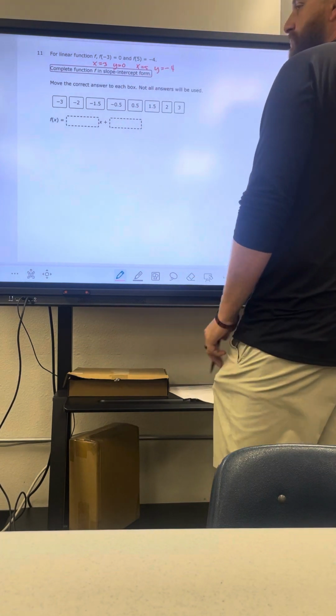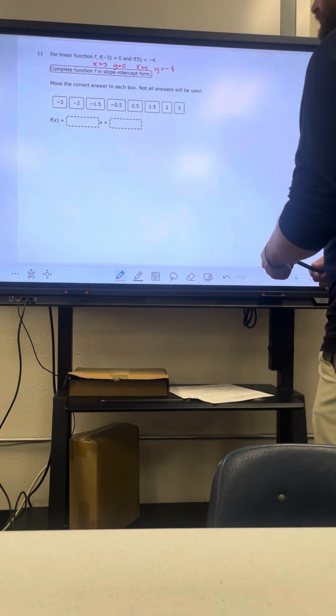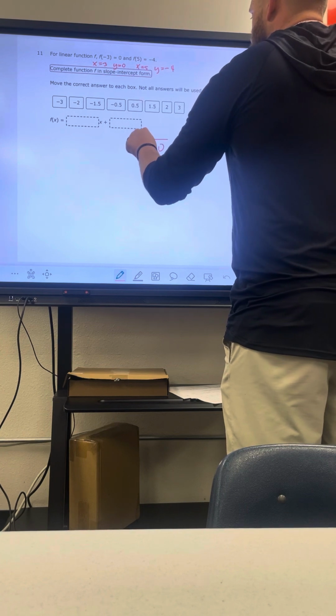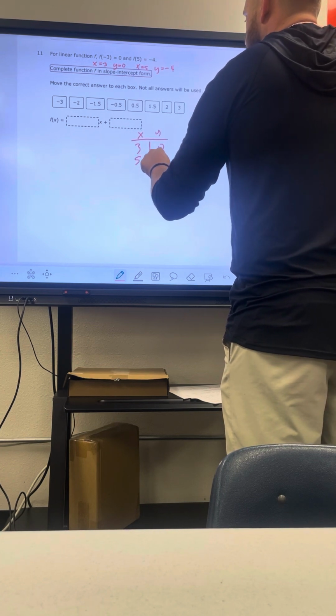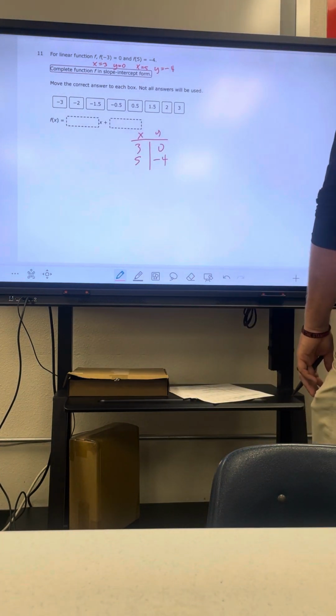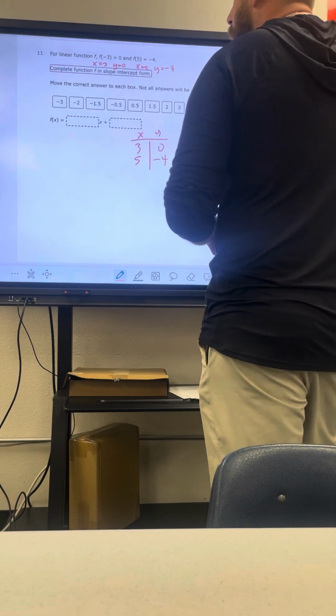So that gives you 2 points for a table, so that your table would be like negative 3, 0, and 5, negative 4.